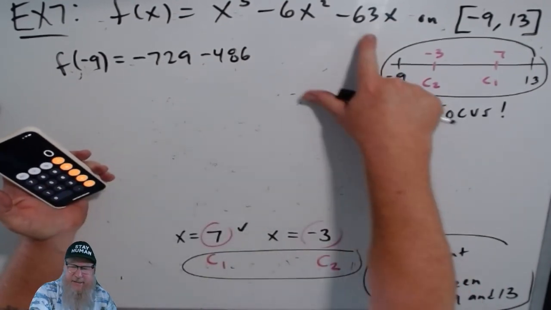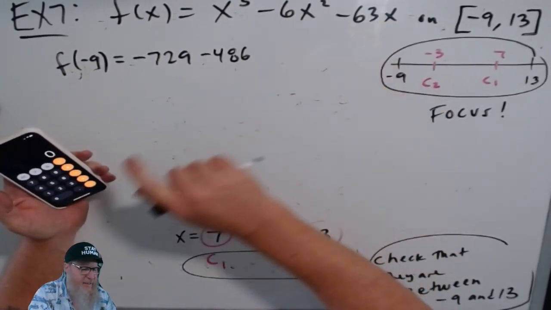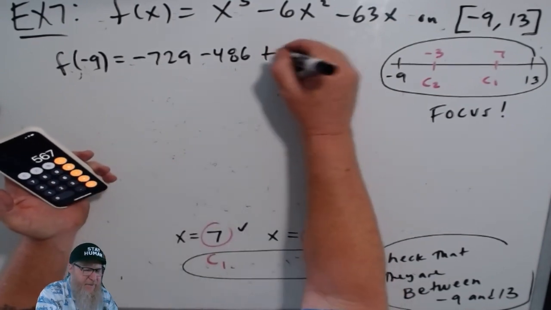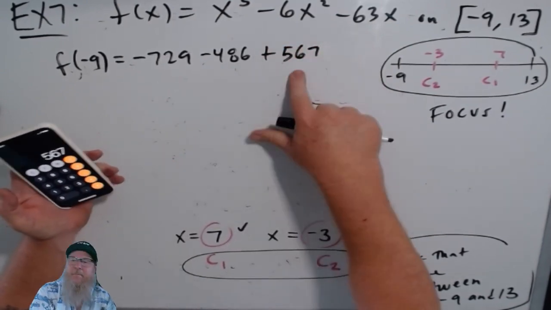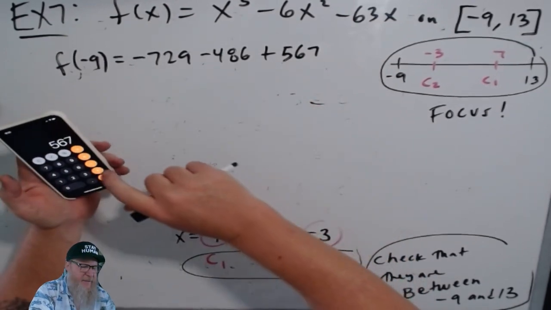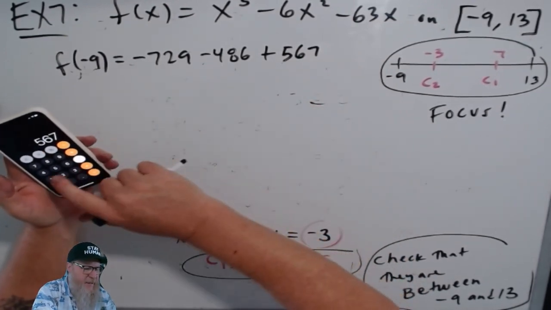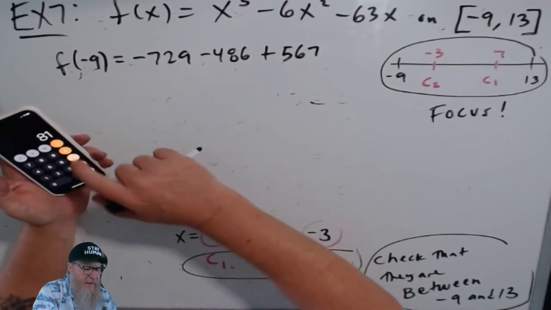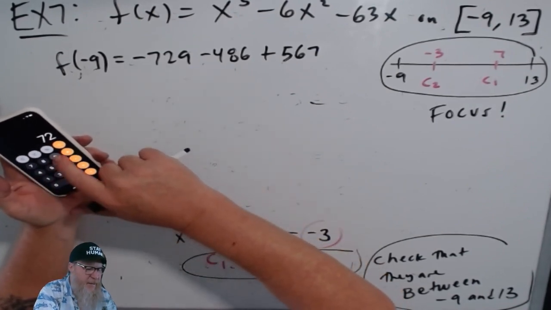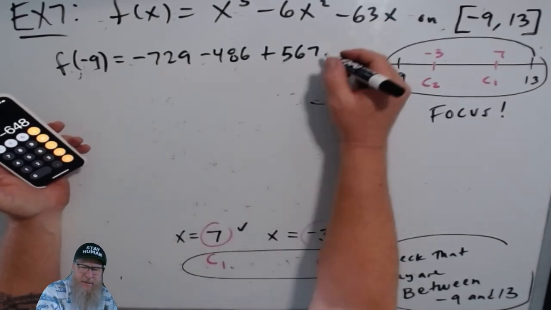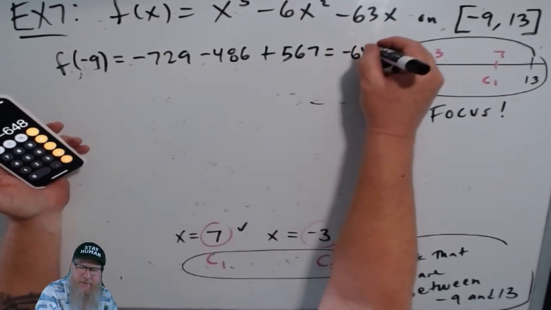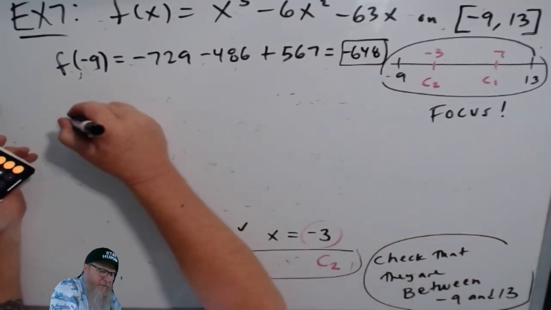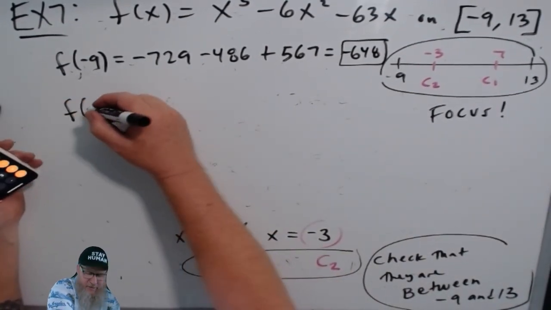And then negative 63 times negative 9 is positive 567. So just add these all up, and you get negative 648. So far, that's the minimum, but it's the first one I've done.